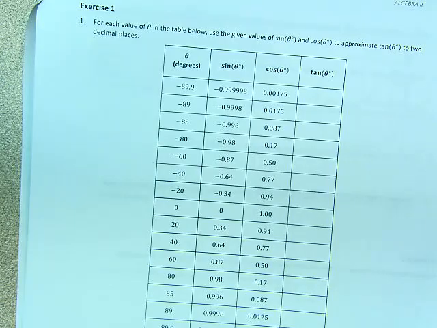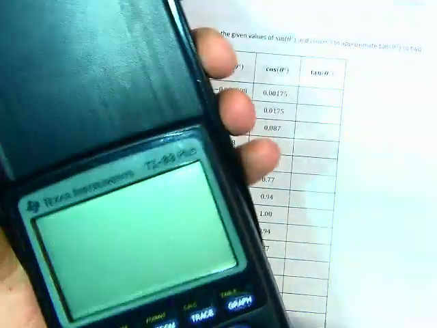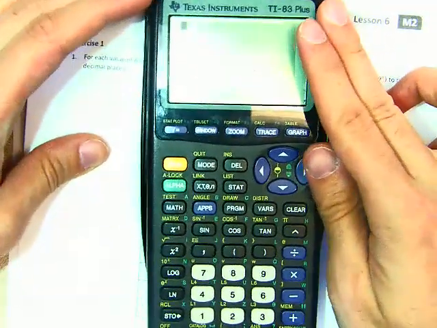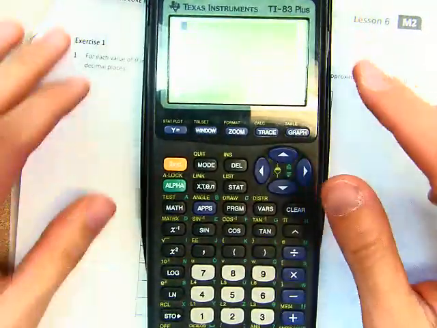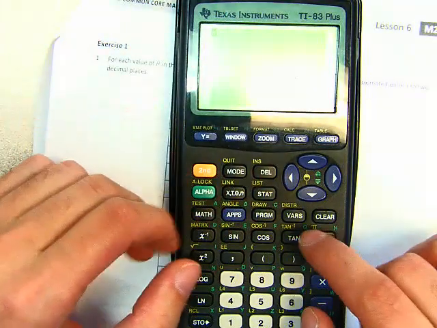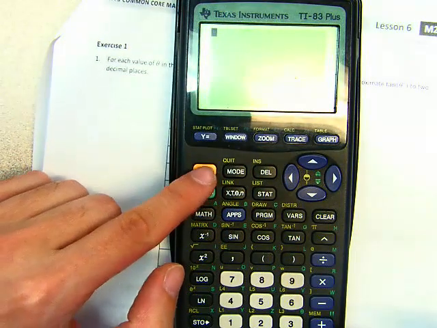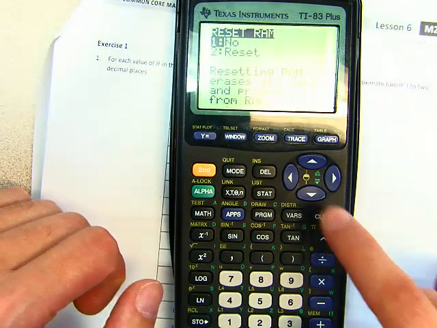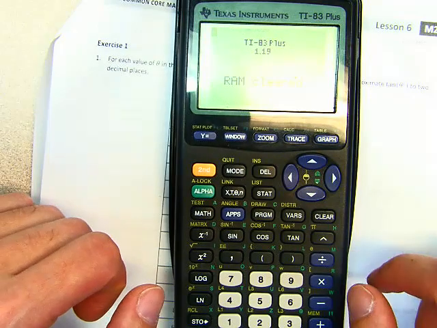So what I'd like you to do is, with your calculator, let's first reset the calculator. Let me shut the light off. That's a little better. No glare. So second memory, 7, all RAM, reset. So we reset the calculator.